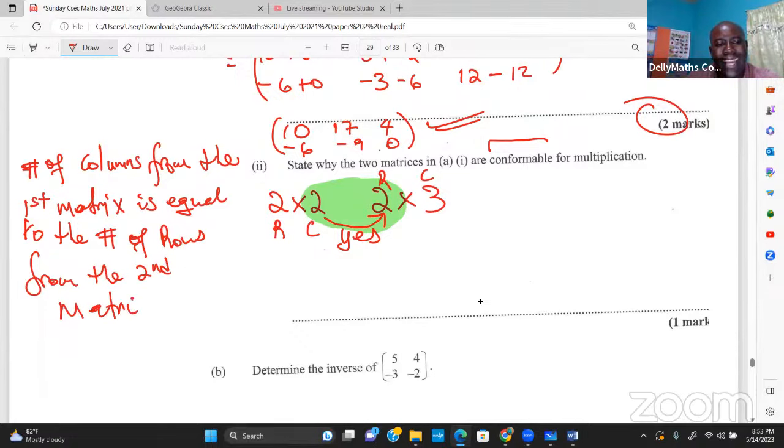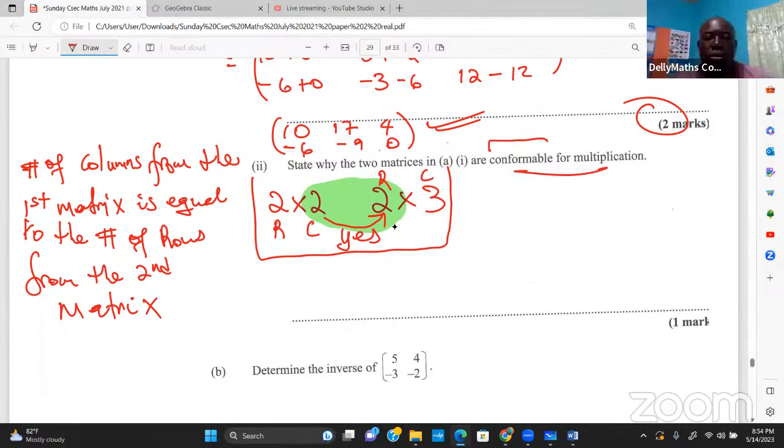If you want to word it like that, fine. But I could tell you, if you do this, you'll get the mark just the same: 2 by 2, 3 by 2, when you want to highlight the yes. All right, so that is how you know that it could work.